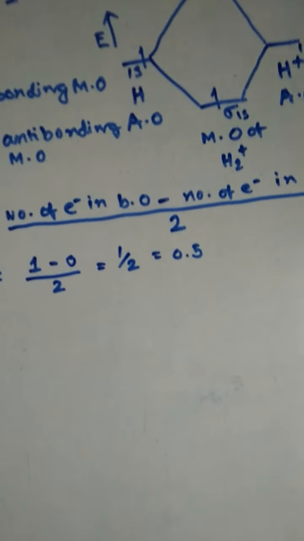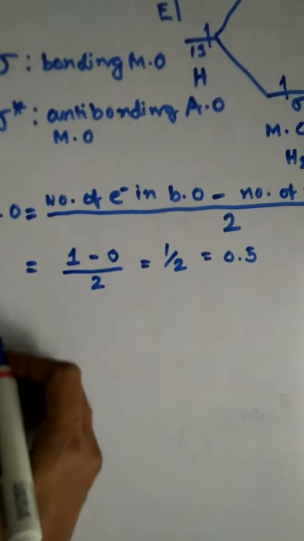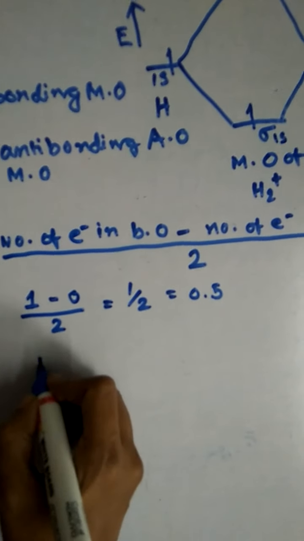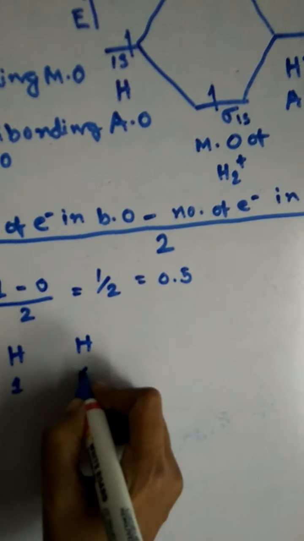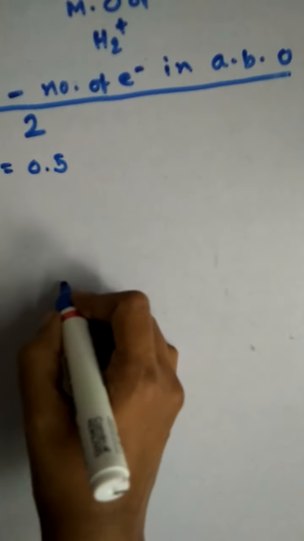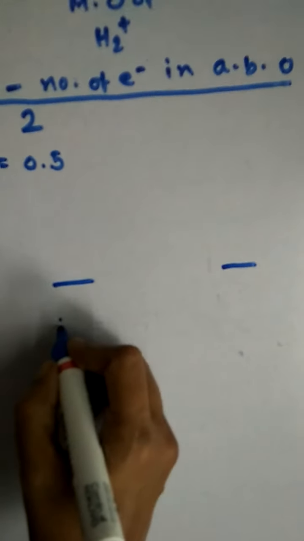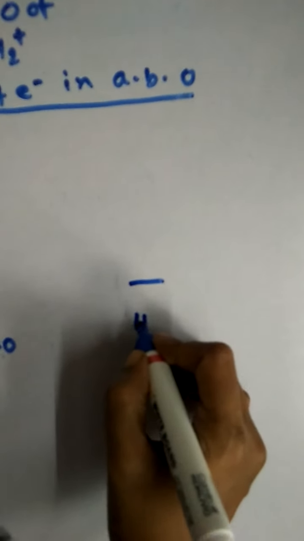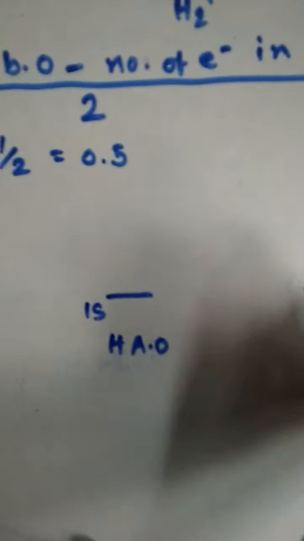So now you know how to determine the bond order for any molecule. Now I'll do it for H2. In H2 you have two hydrogen atoms, and both have one electron in the 1s orbital. Now drawing the MO, first draw these atomic orbitals. This is a hydrogen atomic orbital, and this is also a hydrogen atomic orbital, and these are 1s orbitals, so denote that.